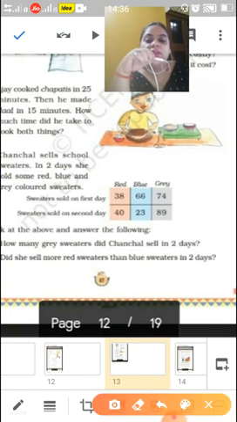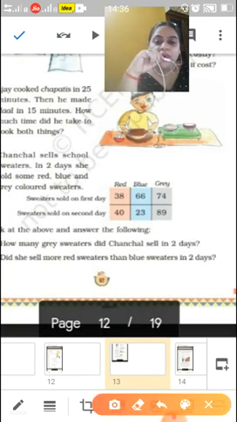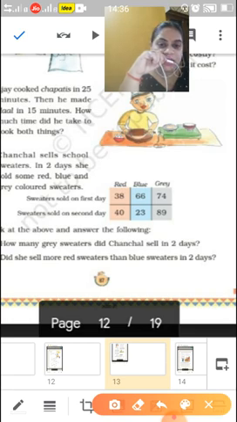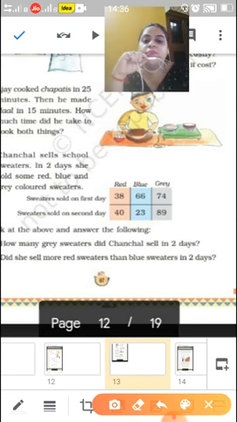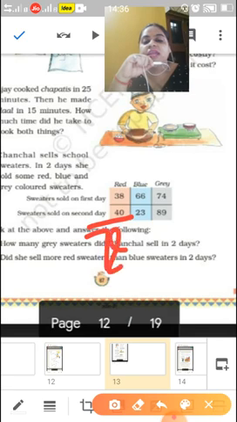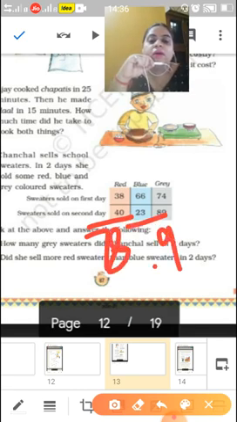Did she sell more red sweaters than blue sweaters? Now you have to do the total. Like red sweater is 38 plus 40, what will come? 78. That is, red sweaters she sold 78, and blue sweaters she sold 89.